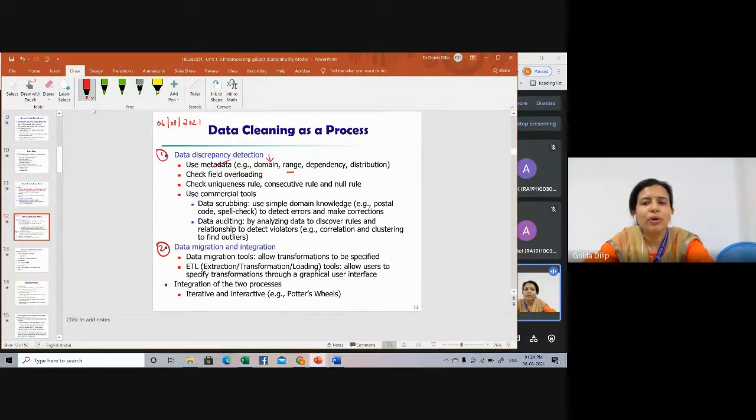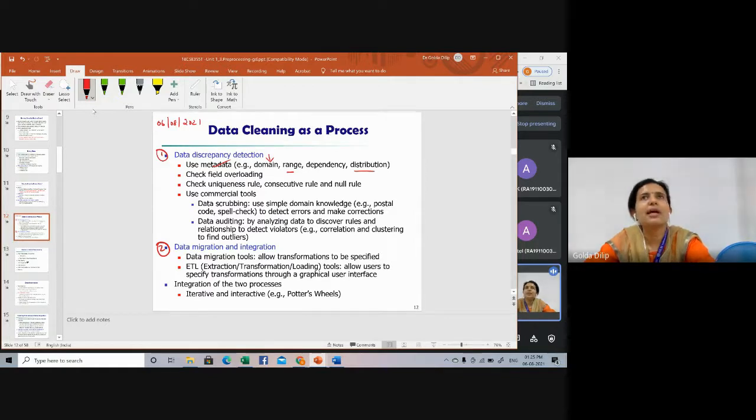Or the dependency, or the distribution. It can be your mean, median, mode, or whatever. So the basic statistical data descriptions will help us to identify the anomalies. Whether the data is skewed or symmetric, or whether all the values fall within the expected range.